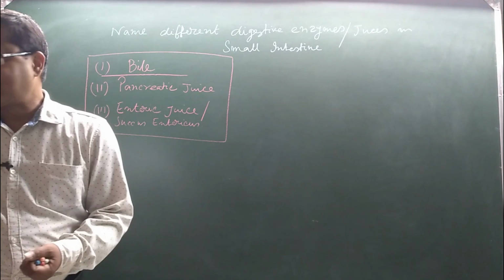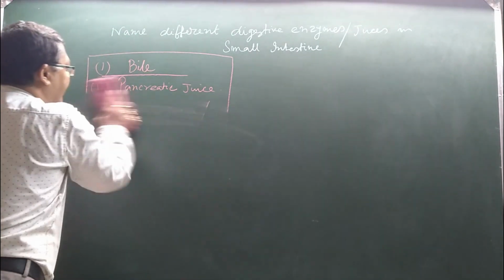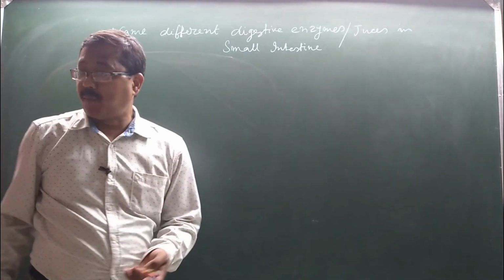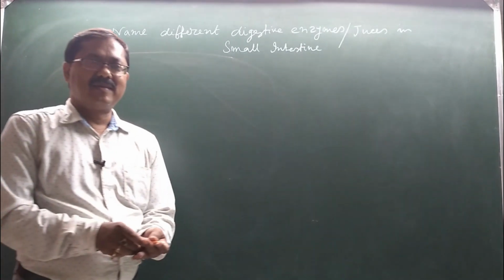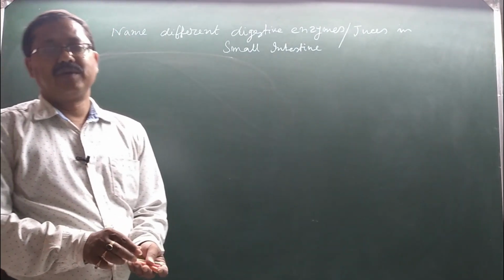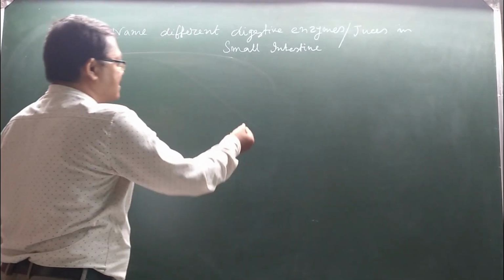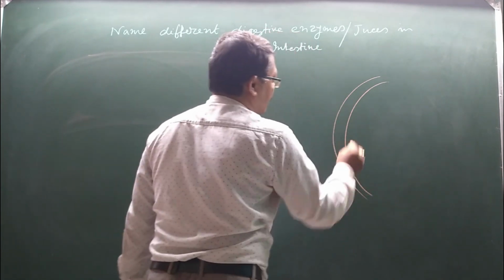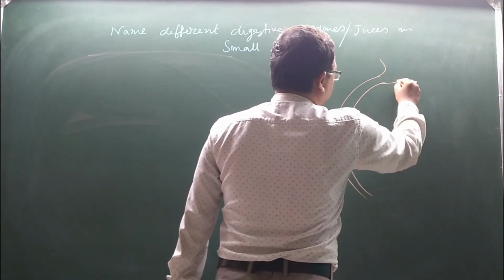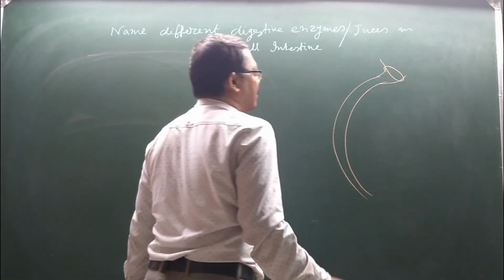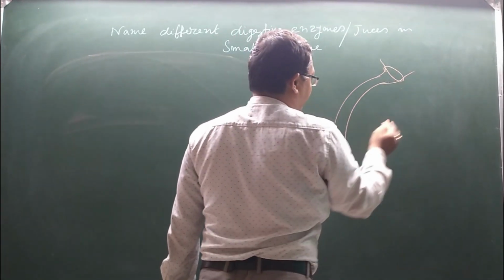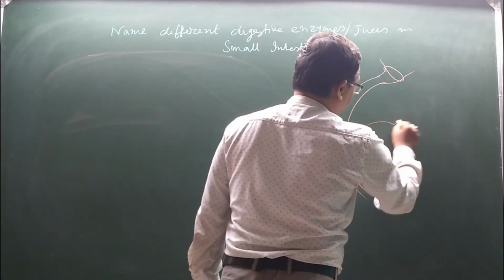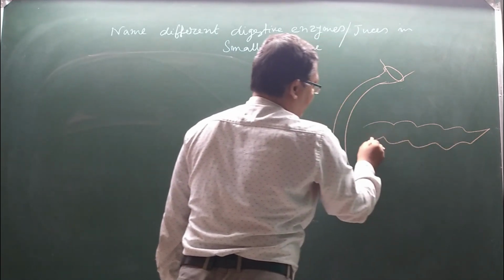Bile is a greenish fluid that is formed by the liver and temporarily stored in the gallbladder. What is the situation? This is the duodenum. This is the pyloric sphincter of the stomach, and the main part, this is the pancreas.